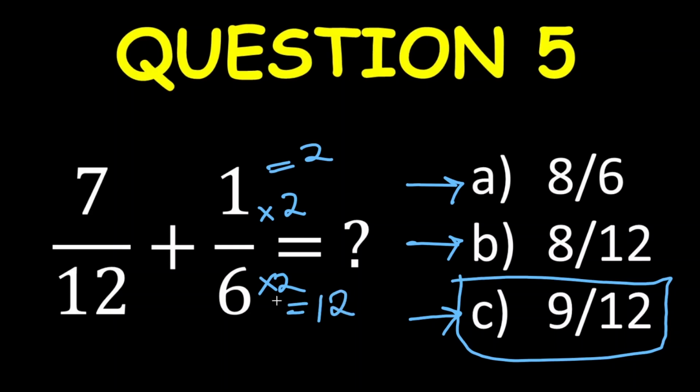Now we can see that the denominators are the same, and that's what we call like fractions. Whenever the denominators are the same, it's very easy. Add the numerators together. So we are going to have 7 plus 2 to give us 9, and the denominator is 12. So that's going to be 9 over 12. So that makes the answer C.